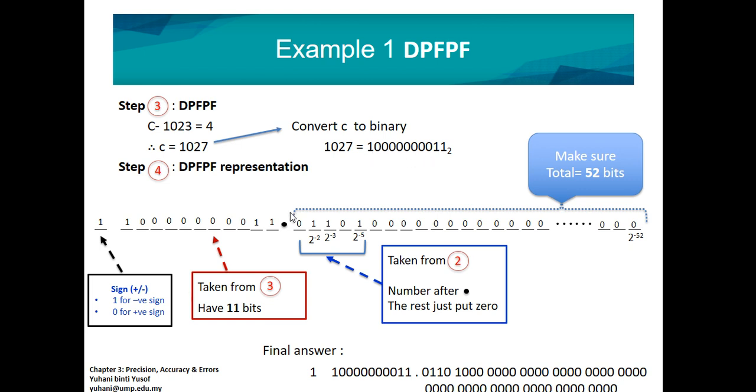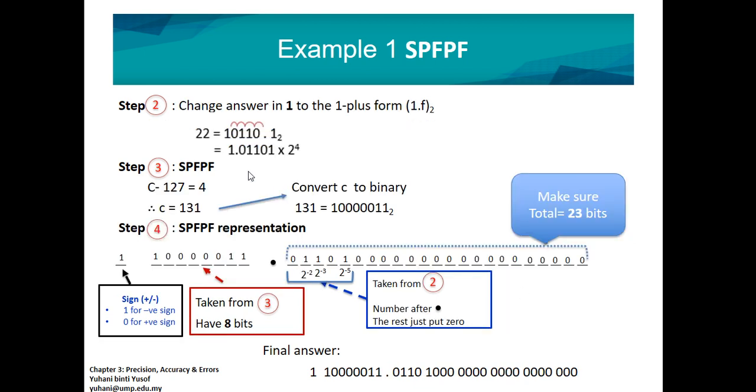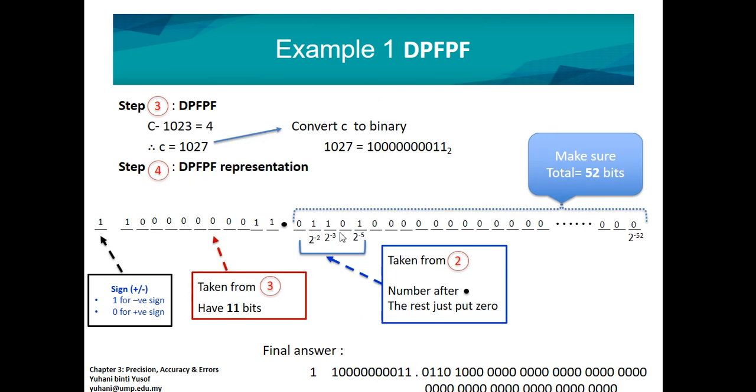Okay, since this is 11, it completely fills up your second term. And the last one, we take it from number 2, after the dot, and you see here 01101. So you just put here 01101, and then the rest you put 0 until the location of B0. So your final answer is represented by this.